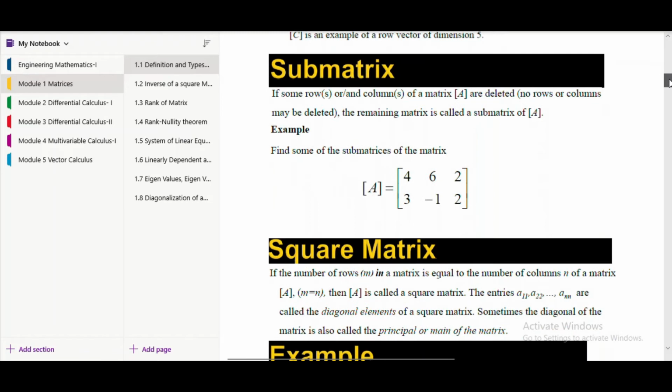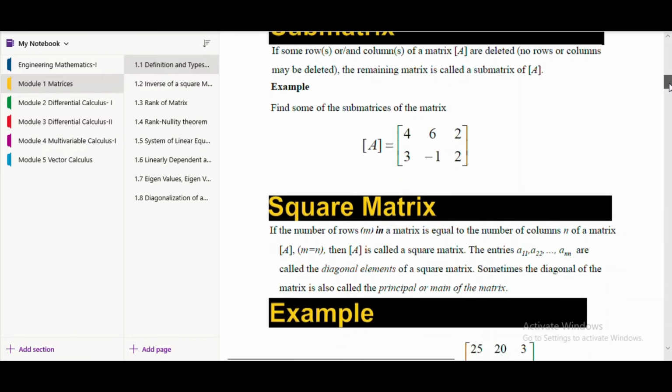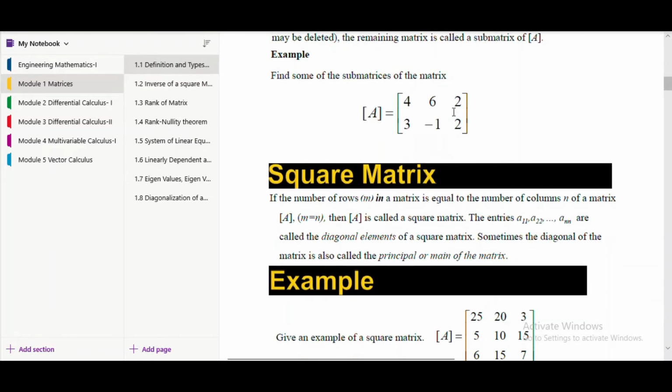Another type of matrix is the submatrix. If some rows or columns of the given matrix A are deleted, then the remaining matrix will be treated as a submatrix of the parent matrix A. Here is an example: A is equal to 4, 6, 2, 3, minus 1, 2.